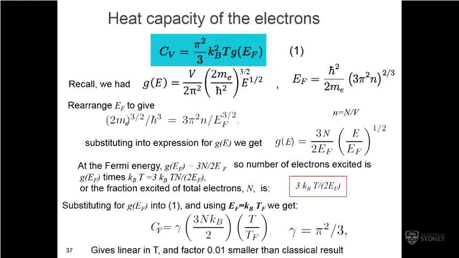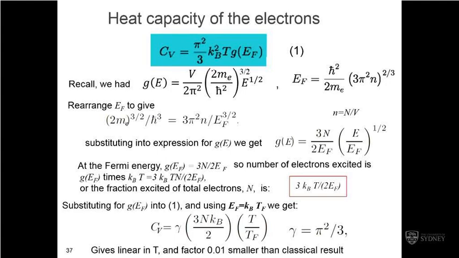In getting a better expression for g of E_F, the first thing we want to do is replace this expression here, 2m E over h bar squared to the 3/2, using this equation here. So we can just rearrange this expression to get this line here. It just comes out after a few manipulations.